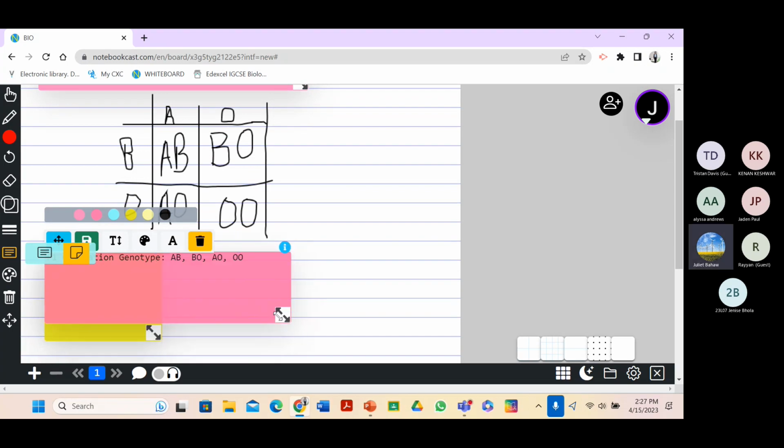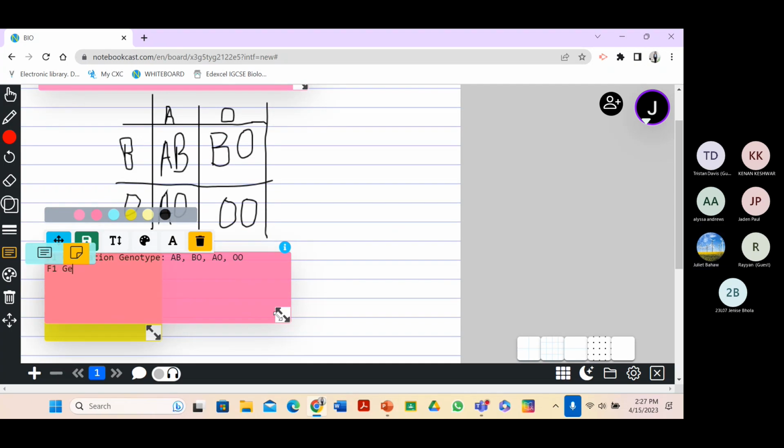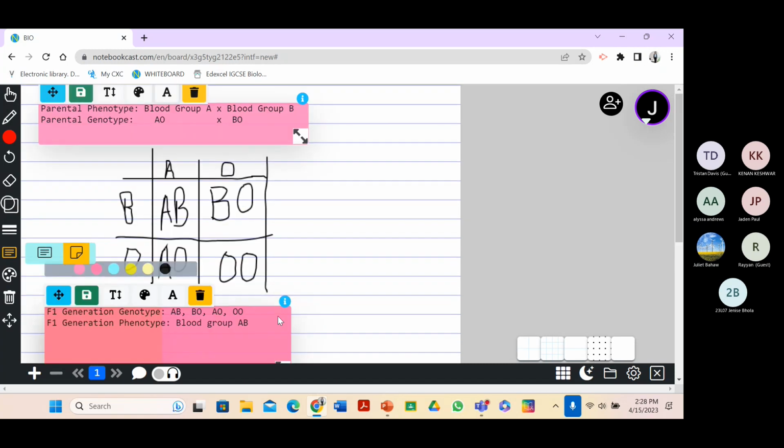In terms of the phenotype now, F1 generation phenotype. It's a lot of writing, so you just put the word blood group in front. So blood group AB, right? And just list out all of them.